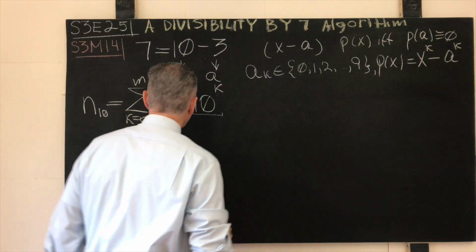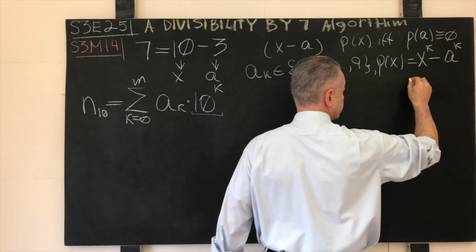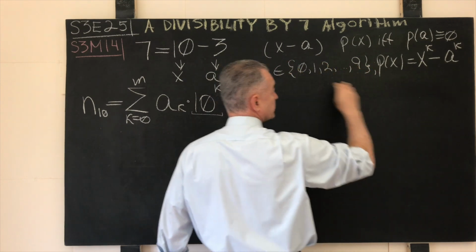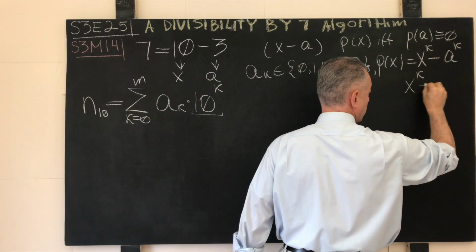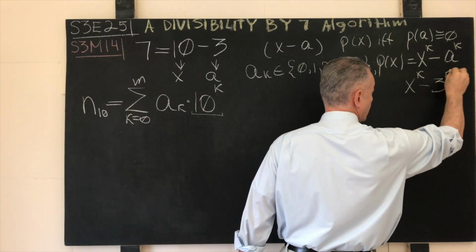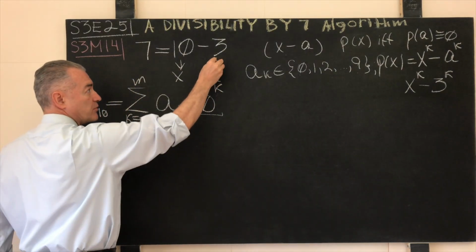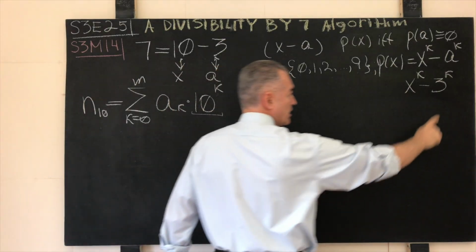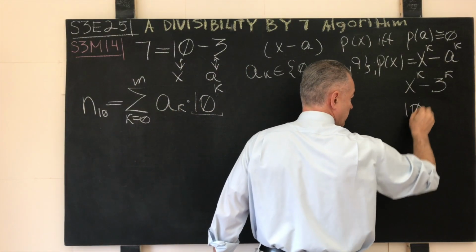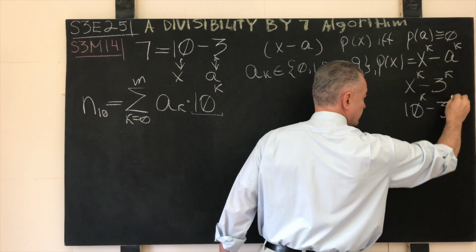And in our particular case, we also understand that the binomial x minus 3 will divide the polynomial x to the power of k minus 3 to the power of k. See, here we're going in the opposite direction from a to 3 and from x to 10. And for that matter, 10 raised to the power of k minus 3 raised to the power of k.